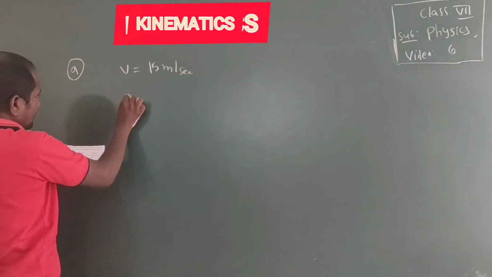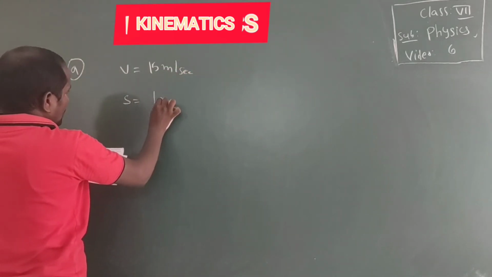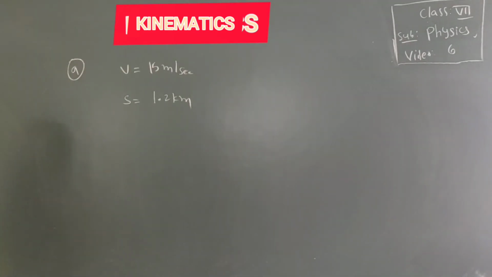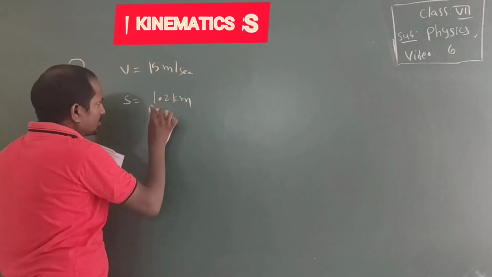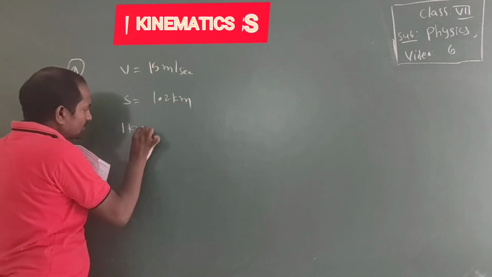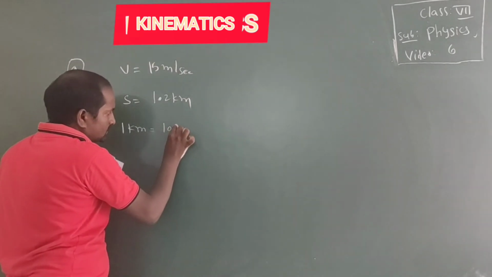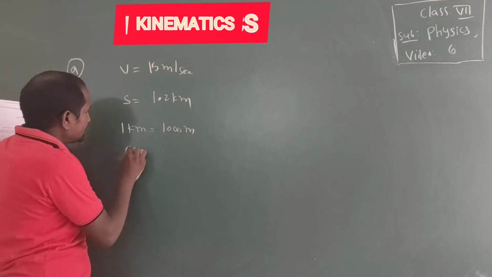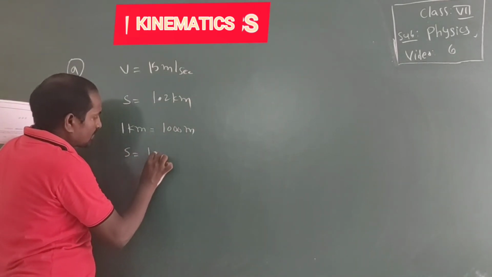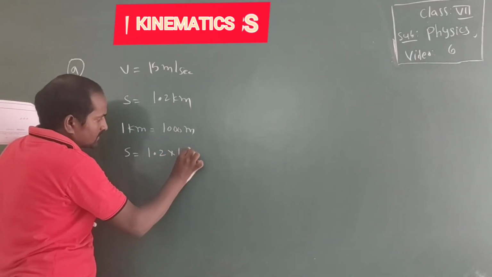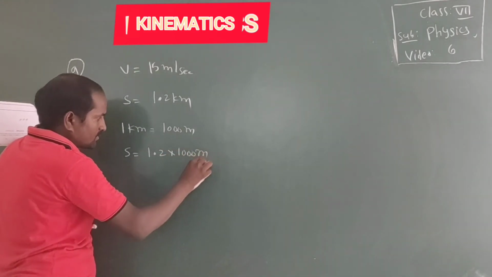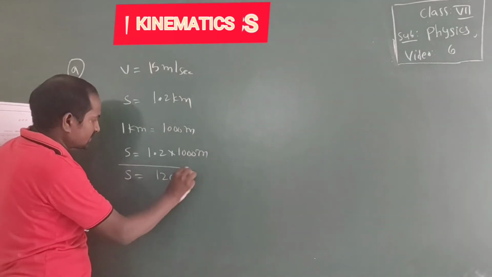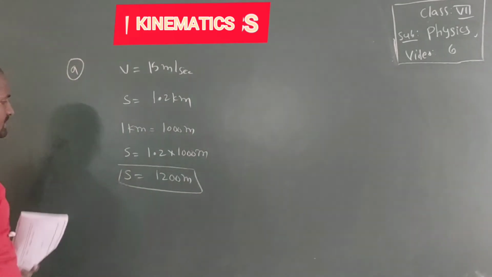At the same time, distance S is given, 1.2 kilometers, but the answer is given in seconds. So that's why kilometer changes into meters. We know that 1 kilometer equal to 1000 meters. Therefore, S equal to 1.2 into 1000 meters, that equal to 1200 meters.